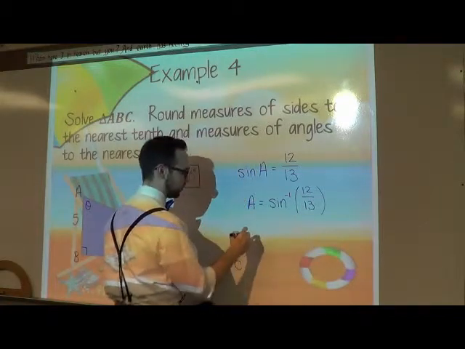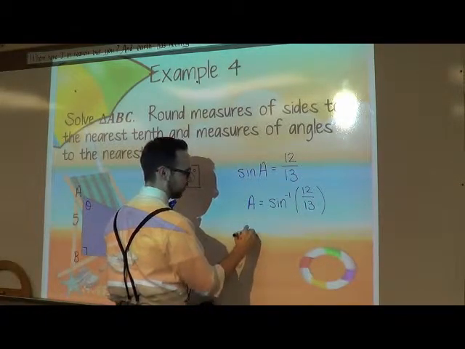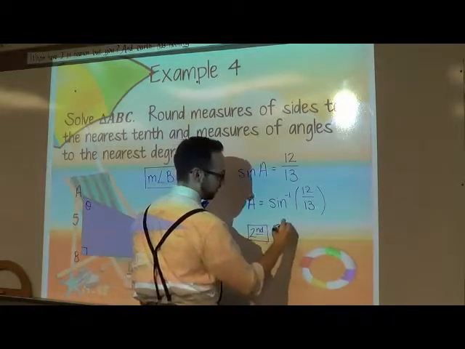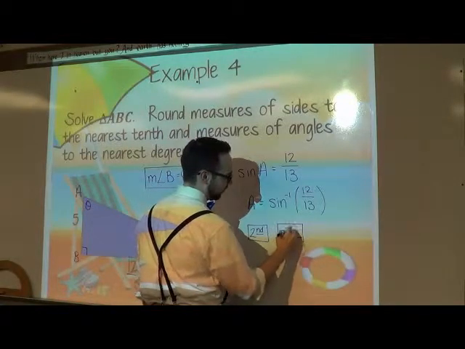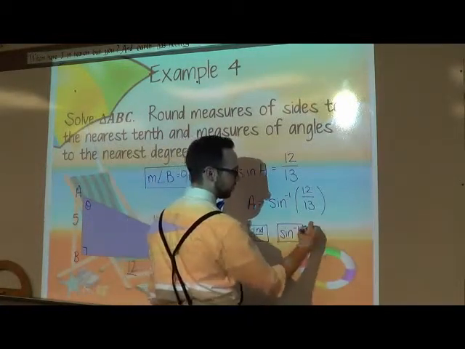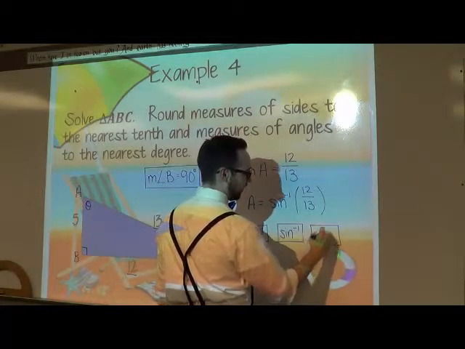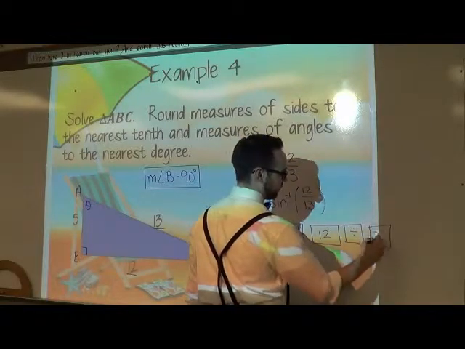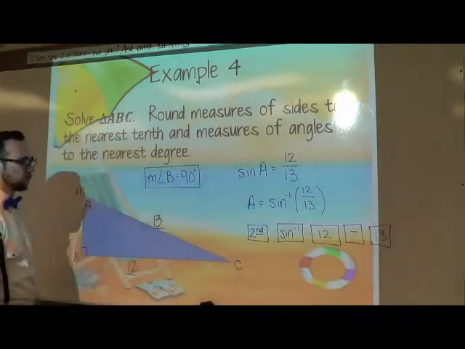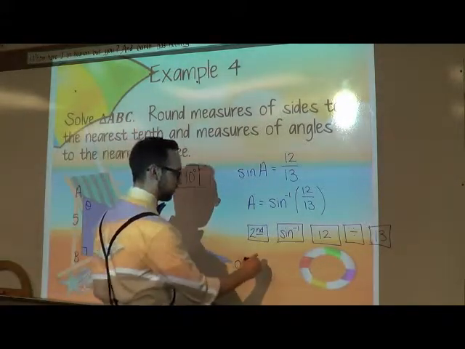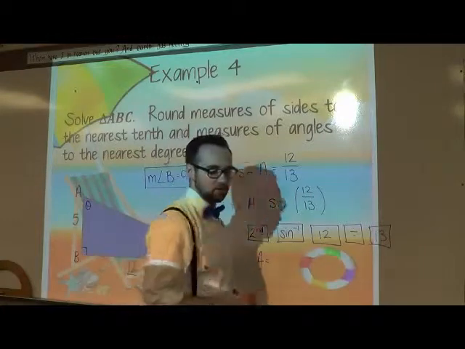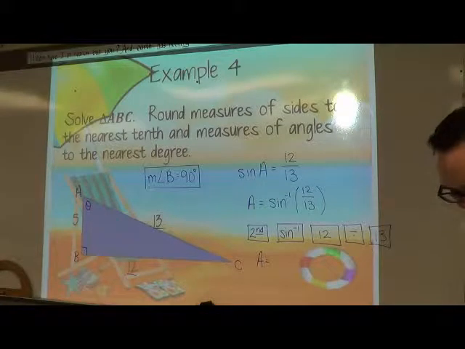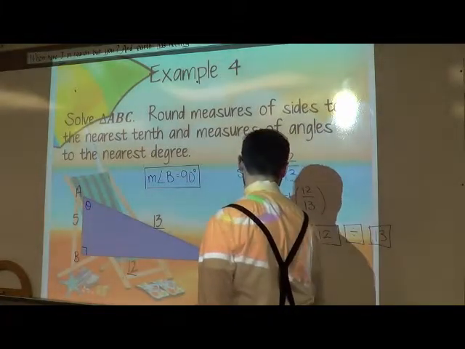If you look on your calculators, above the sine key, if you were to hit second, and then the sine key, which should give you sine inverse, and then you hit 12 divided by 13, that's going to give you your answer for A. So then the measure of angle A for that particular problem will end up being approximately 23 degrees.